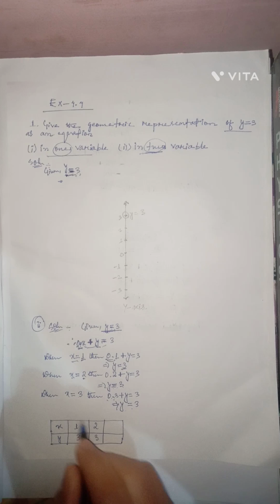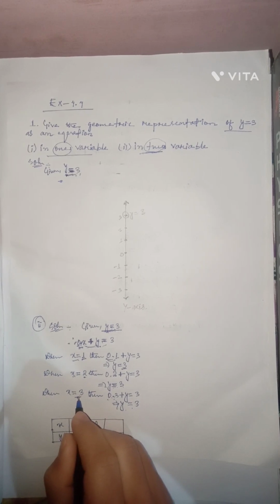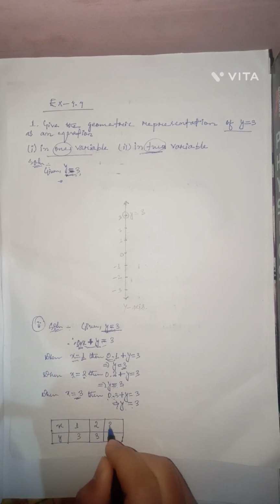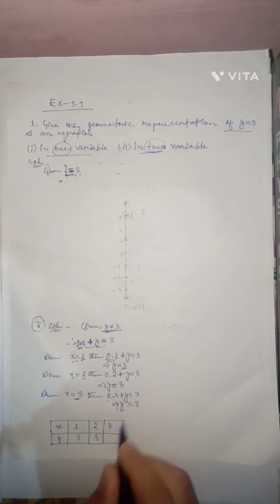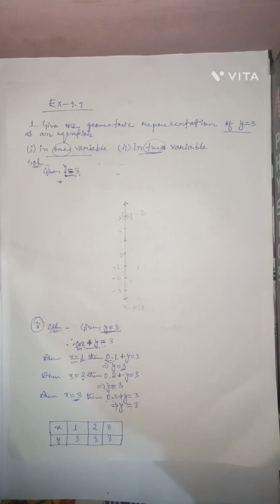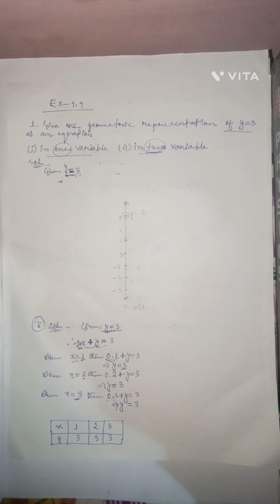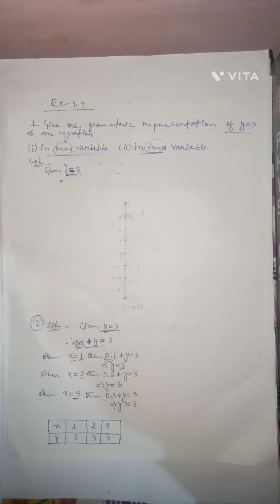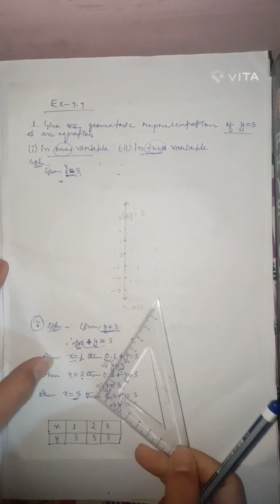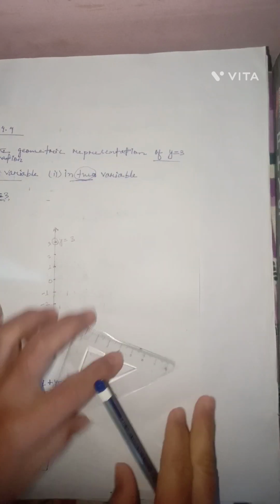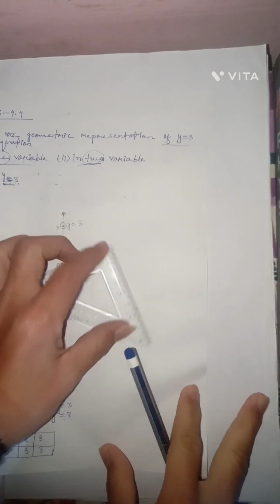Next, when x is equal to 2, what is the value of y? It is 3. And whenever the value of x is equal to 3, what is the value of y that we got? It is 3. Alright? Now, it is time to draw the graph and put these points.